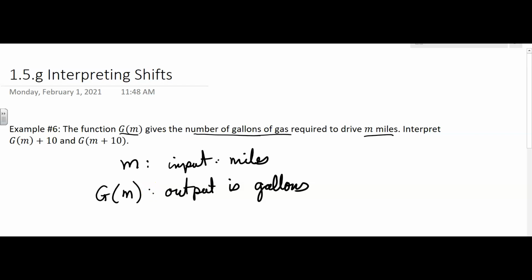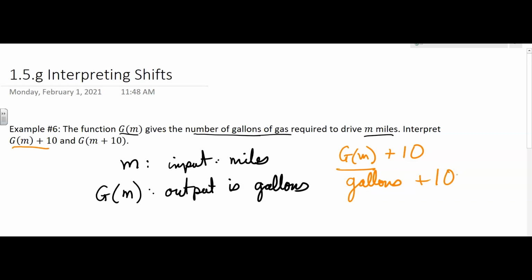Okay. Now let's look at what this first one says. G of m plus 10. Oops, it's a capital G. So we're saying, okay, we're going to drive so many miles and figure out how many gallons of gas that is, and then we're going to add 10 more gallons to it.